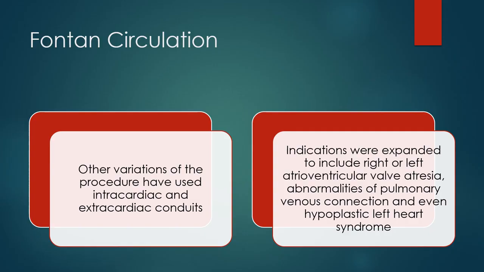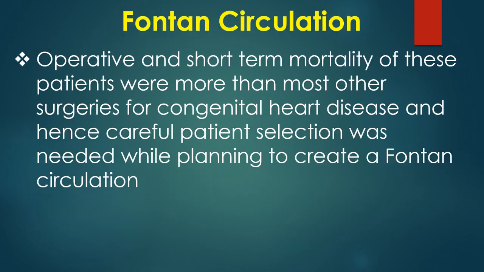Indications were expanded to include right or left atrioventricular valve atresia, abnormalities of pulmonary venous connection, and even hypoplastic left heart syndrome. Operative and short-term mortality of these patients were more than most other surgeries for congenital heart disease, and hence careful patient selection was needed while planning to create a Fontan circulation.